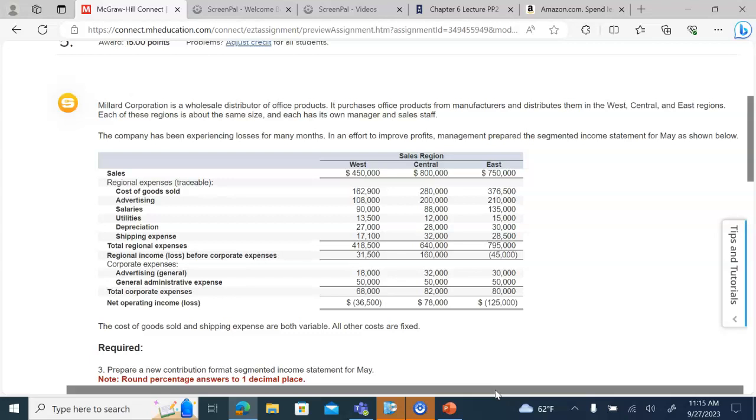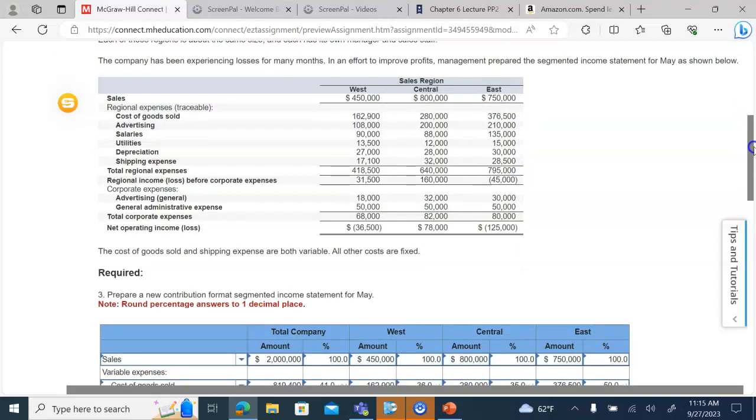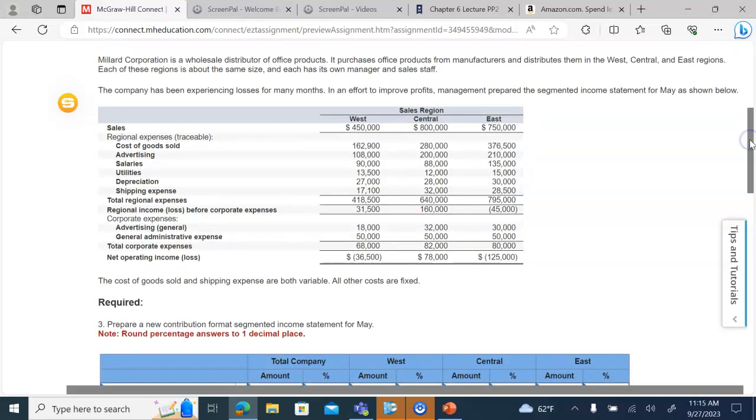In an effort to improve profits, the management's prepared a segmented income statement for May. So basically, we've got the different regions, and the cost of goods sold and shipping expenses are both variable. All other costs are fixed. Prepare a new contribution format segmented income statement for May.